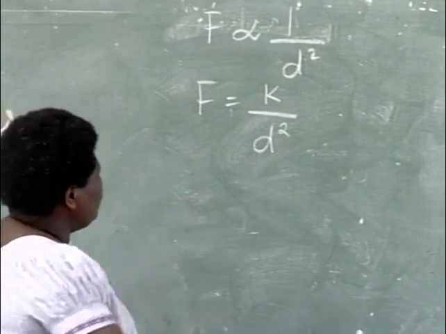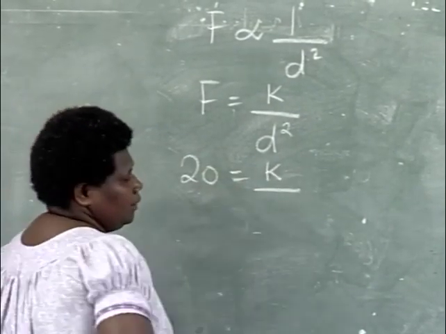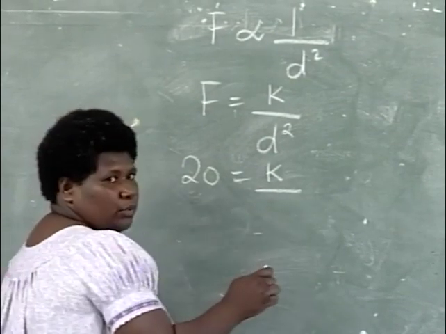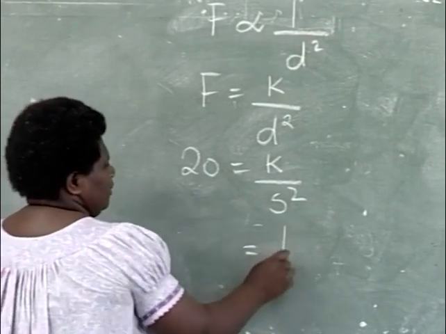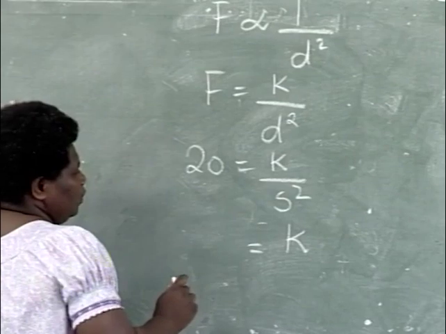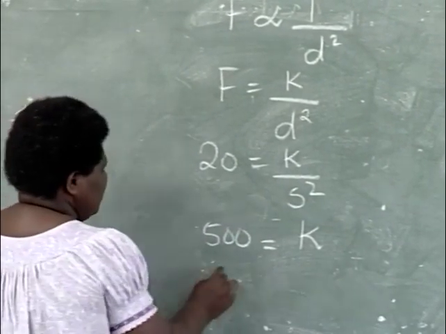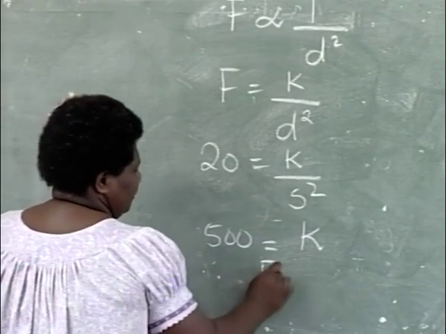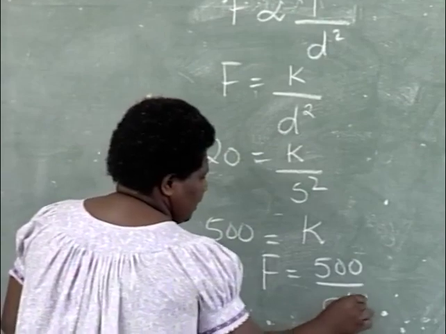Now F is 20 when d is 5, so we have to square 5. So k is going to be 25 times 20, which is 500. The equation is F equals 500 over d squared.